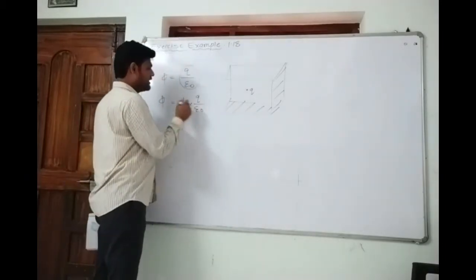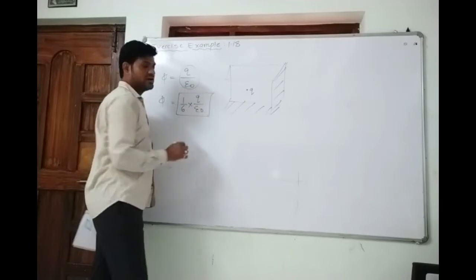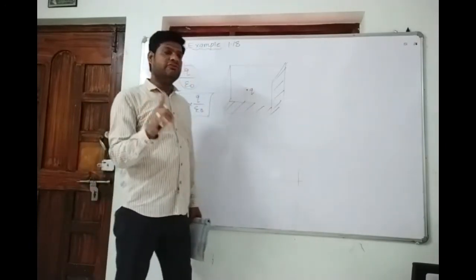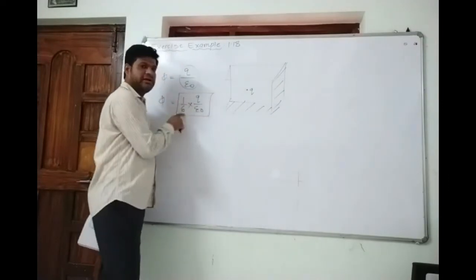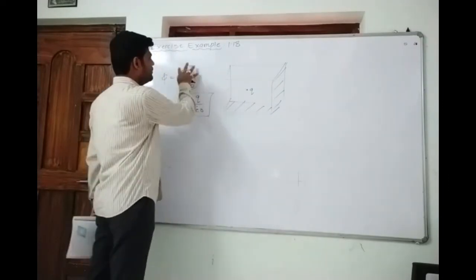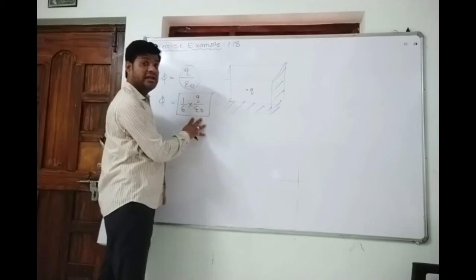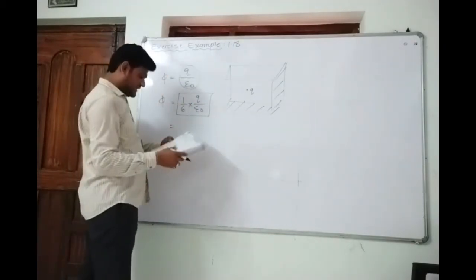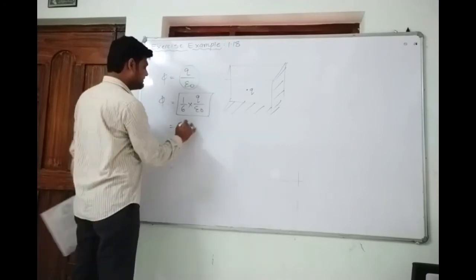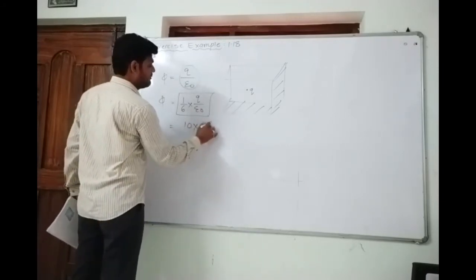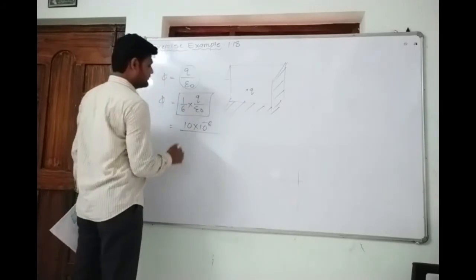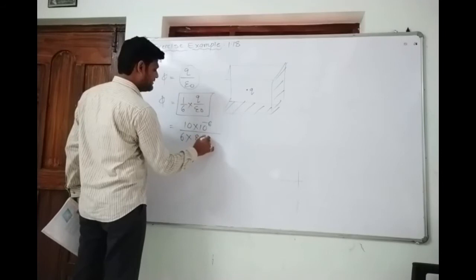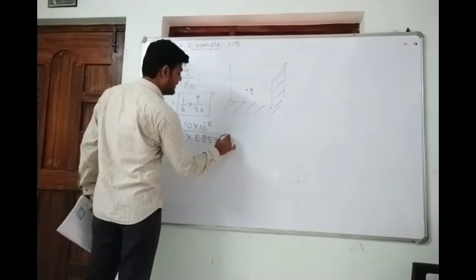Now here we are going to calculate the flux through any one of the faces, so that's why we will multiply by 1 by 6. Flux through the whole surface, flux through any one face. So you just put in the values: q equals 10 to the power minus 6 coulomb, divided by 6 multiplied by 8.85 times 10 to the power minus 12.